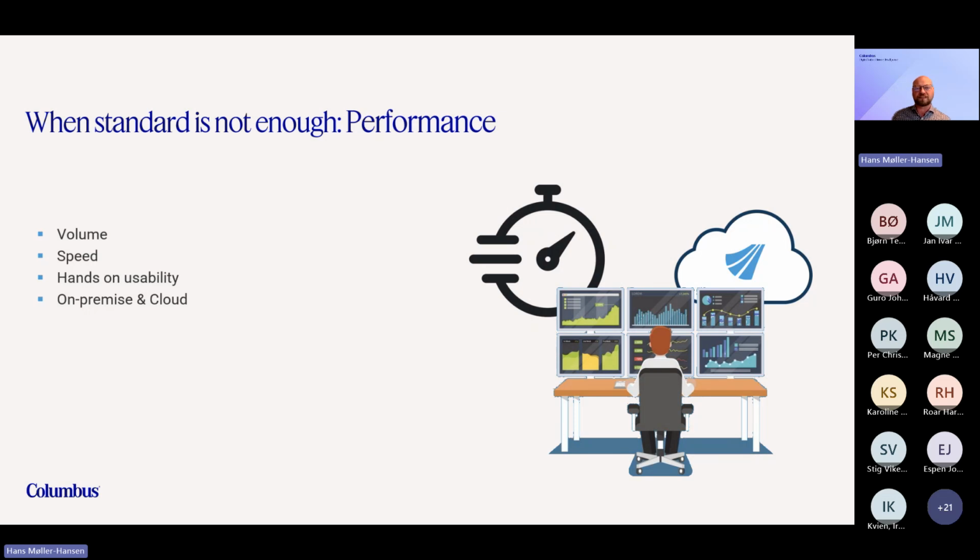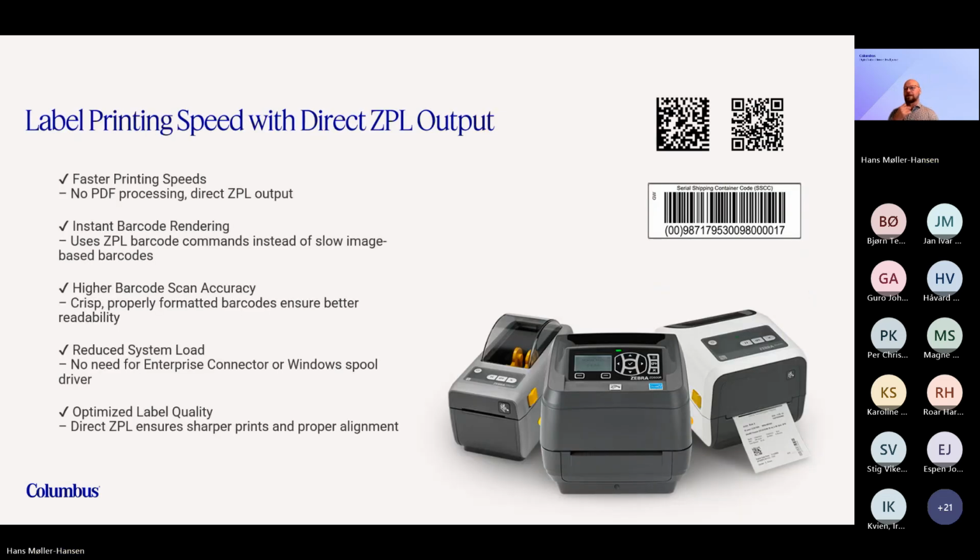So I have a small example here, and that is our label printout. I mentioned in cloud, we are doing a PDF file in IDM. And then that PDF file is transferred through the enterprise connector on-prem, and it's spooled out to a printer, and the printer needs to read a barcode as an image and then print that one.